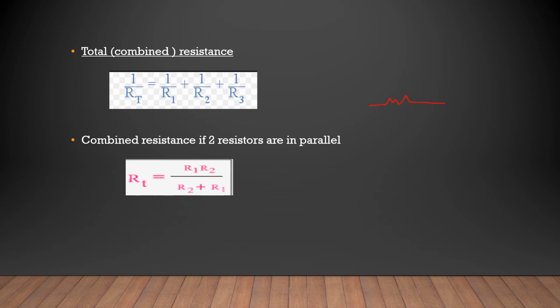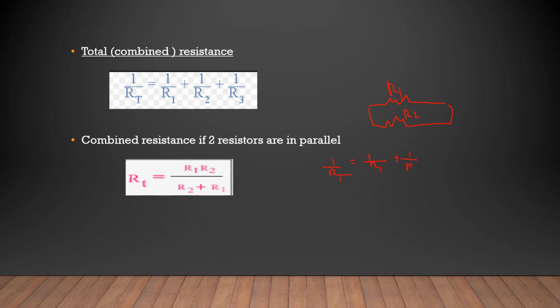Suppose we have a circuit having two resistors connected in parallel, R1 and R2. All other components are there, I am drawing just the resistances only. So our formula is 1 divided by RT, R total, is equal to 1 by R1 plus 1 divided by R2.